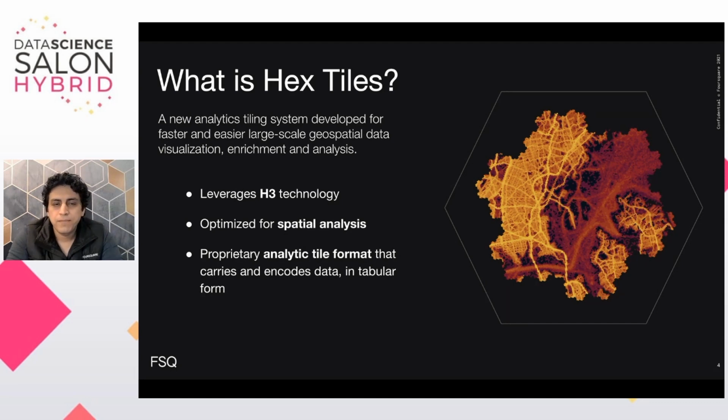And so Hextile is well optimized for spatial analysis, and especially enrichment. Think of it as a combination of many small hexagons that are representative of that location. And that location itself can have, I don't know, billions of points associated with that specific hexagon.